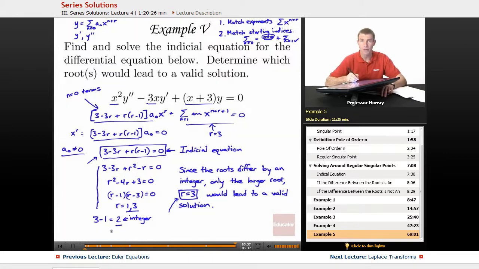We notice that their difference is an integer. The difference between the two is a whole number. And we had a rule from the beginning of the lesson that if the roots differ by an integer, you're only allowed to use the larger one to get a solution. So the way you go ahead and finish this differential equation is you take that larger root, r equals 3, plug it back into the recurrence relation, and start solving for your coefficients one at a time.